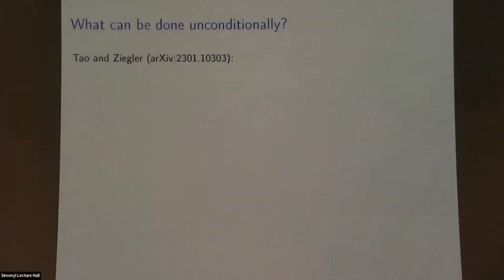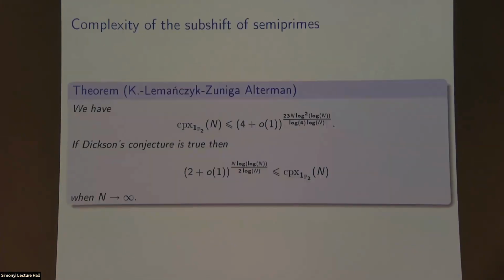Is there any reason, so for the complexity in the semi-prime case, do you expect either of the exponents to be correct? In your bound for the complexity in the semi-prime case? Yes. Your exponents are different, right? Yes.